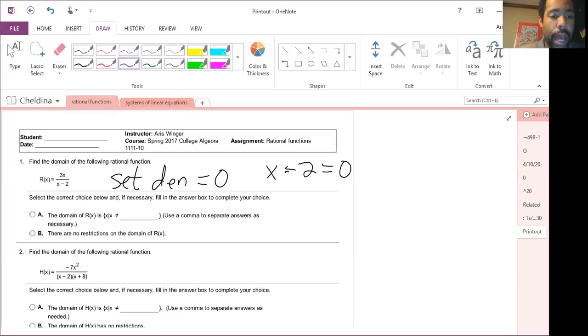You add 2 to both sides, and you get x equals 2. This is a place where the denominator is 0, so you do not want x to be equal to 2. So that's the answer. It's A, and the domain of R is every x except for x equal to 2.